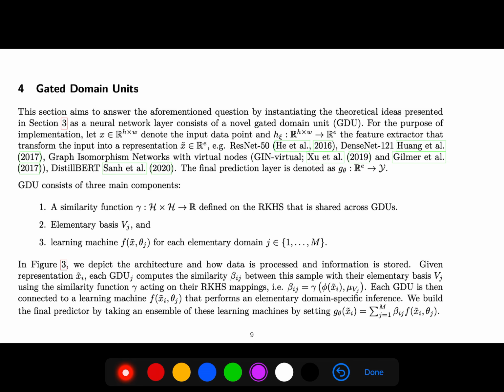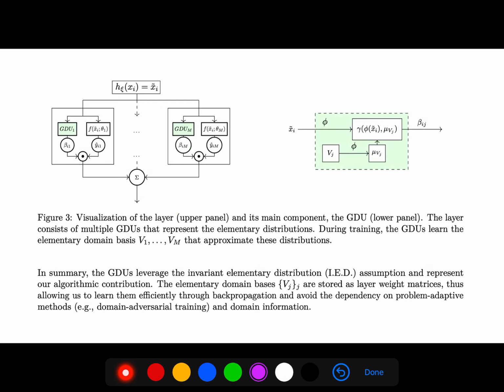The final prediction layer consists of three main components: a similarity function, defined under reproducing kernel Hilbert space that is shared across GDUs, elementary bases V sub j, and learning machine F for each elementary domain j. So you see the visualization of the layer, the upper panel, and its main components.